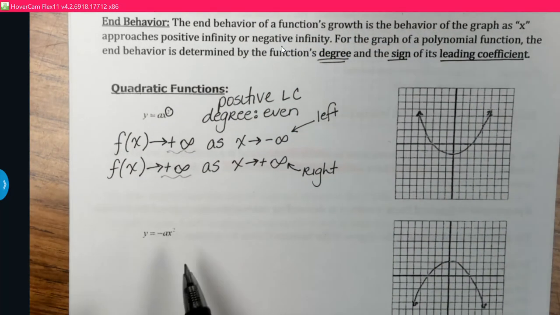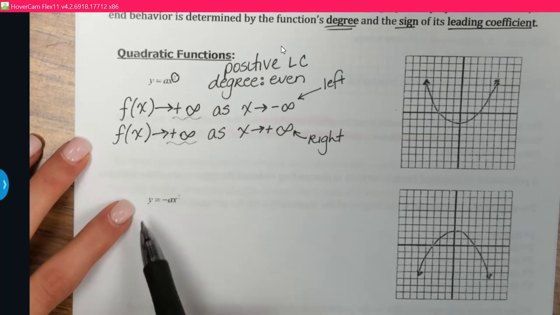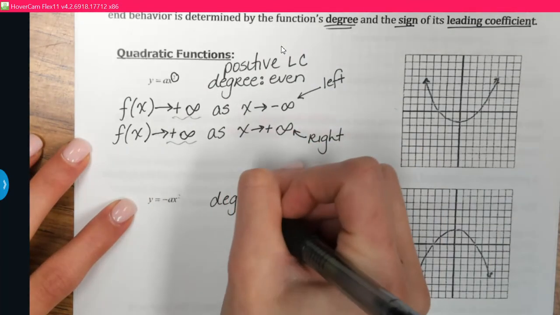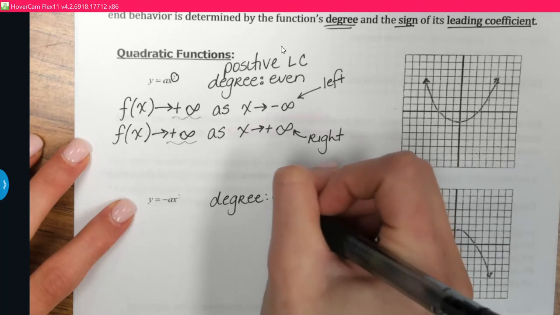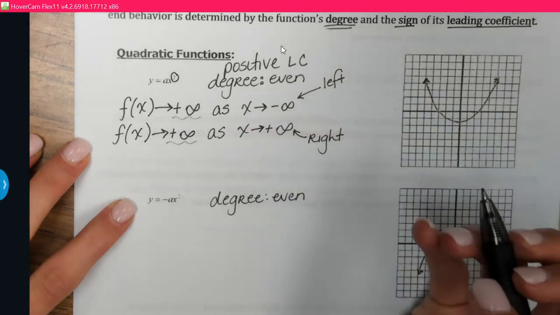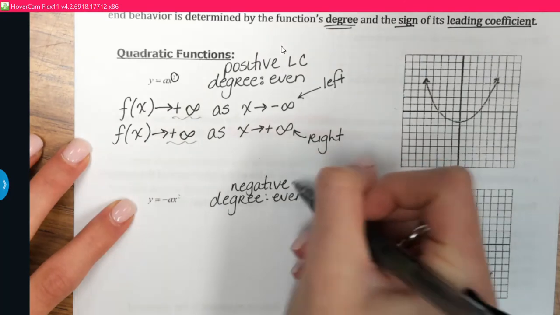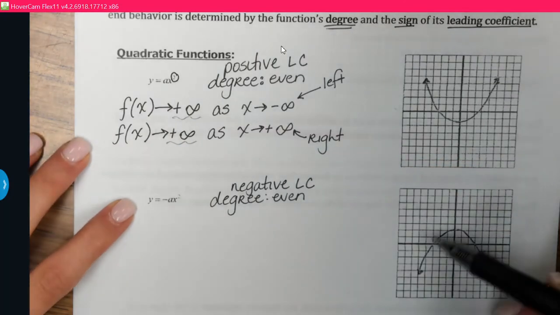Well, what's the difference between y equals ax squared and y equals negative ax squared? My degree is still even because it's a 2, it's still quadratic, but now I have a negative leading coefficient, so that means it's going to open down.